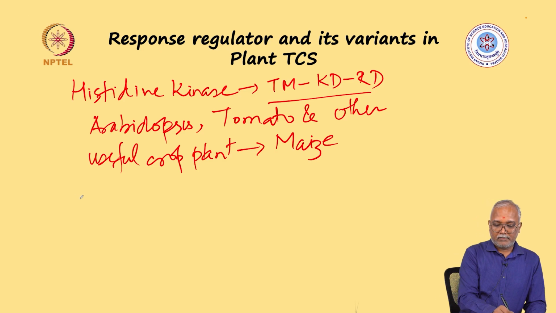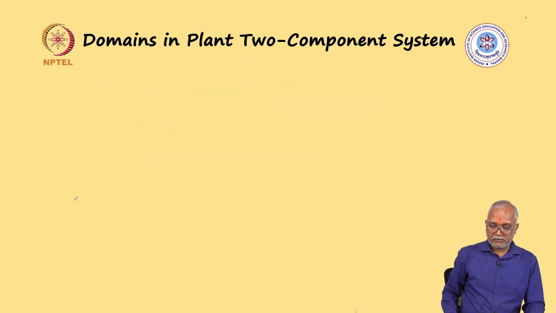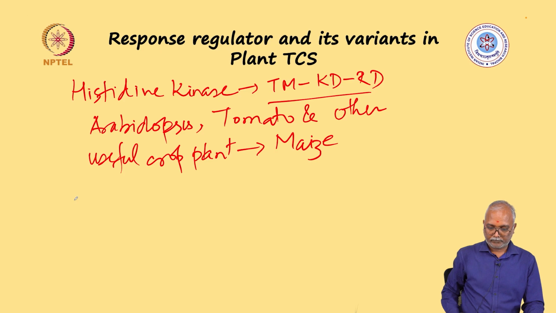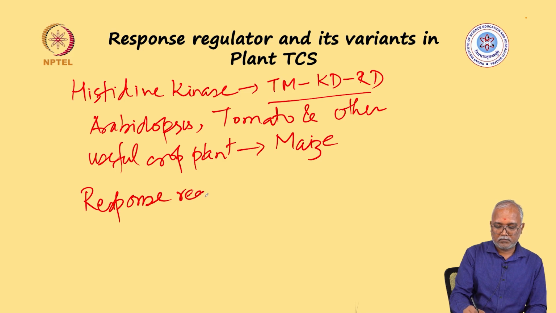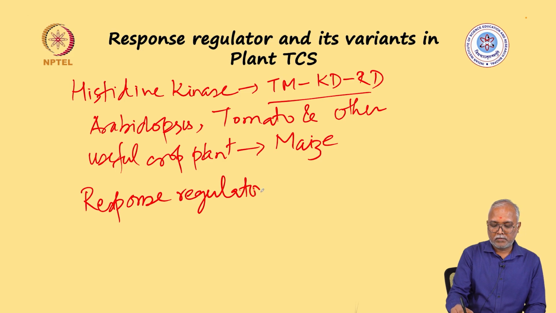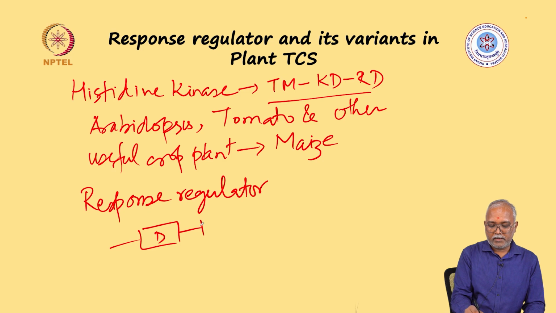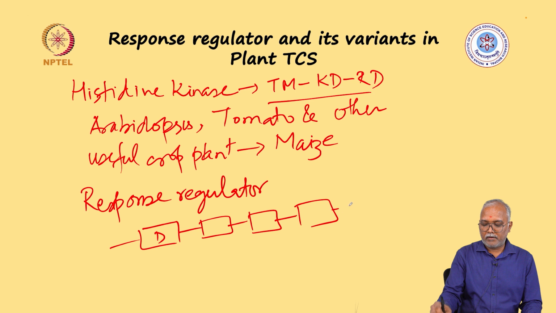Then you will have the response regulators. And when I say domain arrangement, we saw previously that if there is a minimal receiver domain, in addition to that you can have multiple domains.